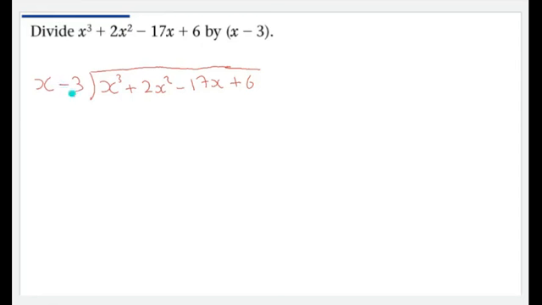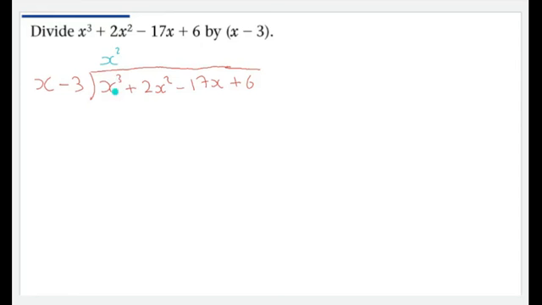So we take the leading term of the x minus 3, which is x, and the leading term of the x cubed plus 2x squared minus 17x plus 6, which is x cubed. And by leading term, we just mean the term with the highest power. Okay. So x into x cubed, or in other words, x multiplied by what gives you x cubed? X squared. So the x squared goes up here.